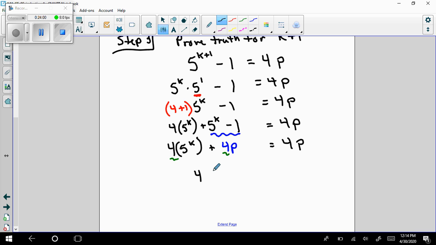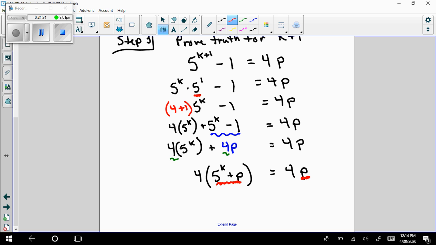So I have 4 times 5 to the k plus p equals 4p. And keep in mind that this was some number p, any number that we want to choose.